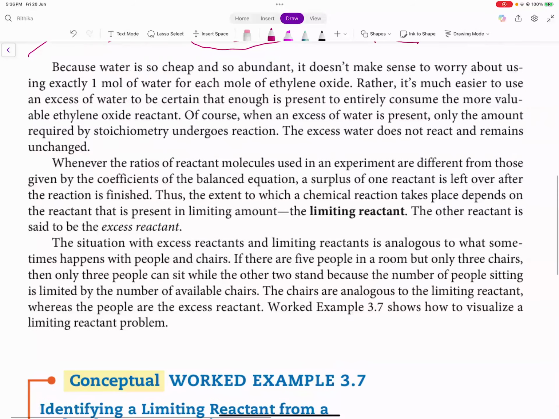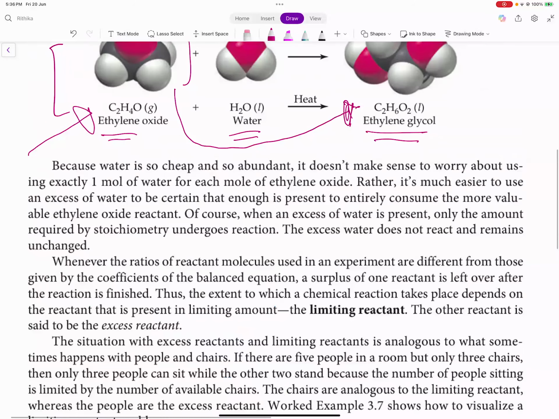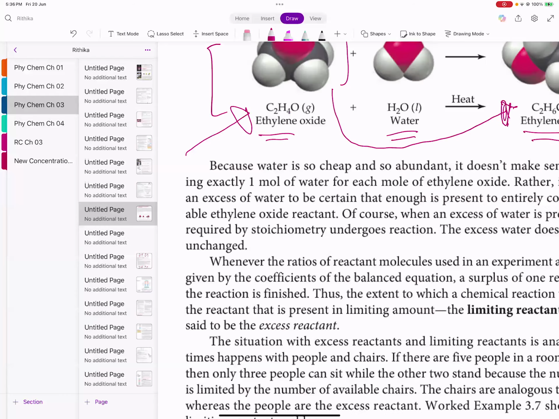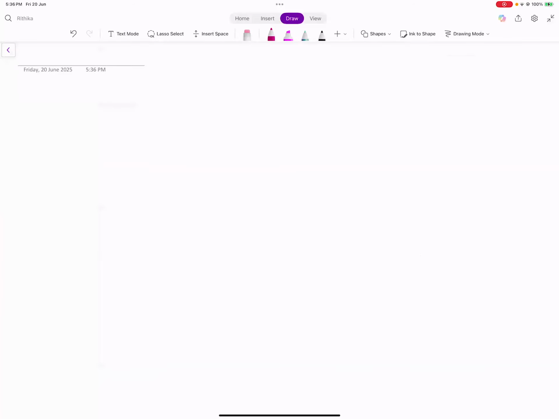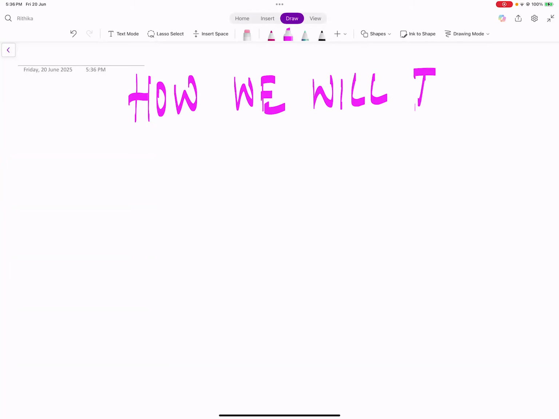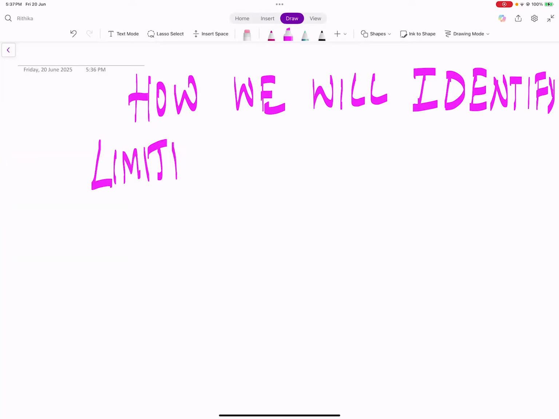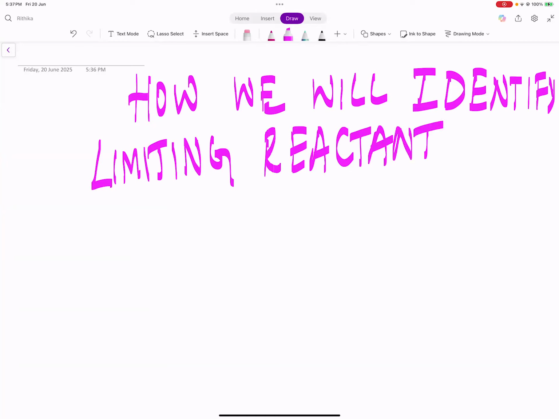But first I'll just add a page just below this topic. Okay, I've added this page. So how we will identify limiting reactant questions.